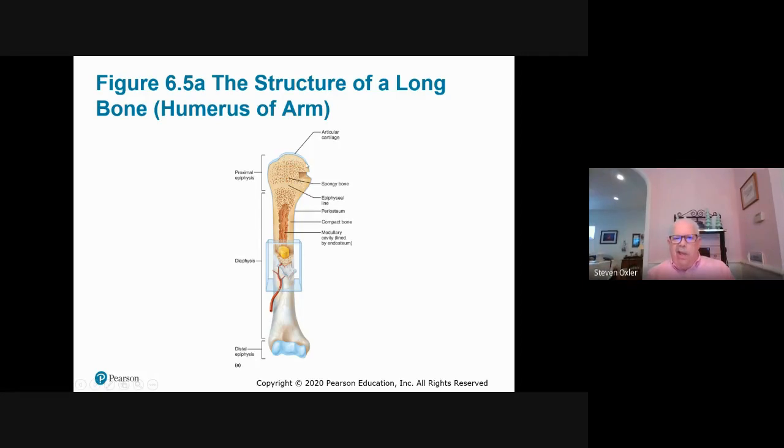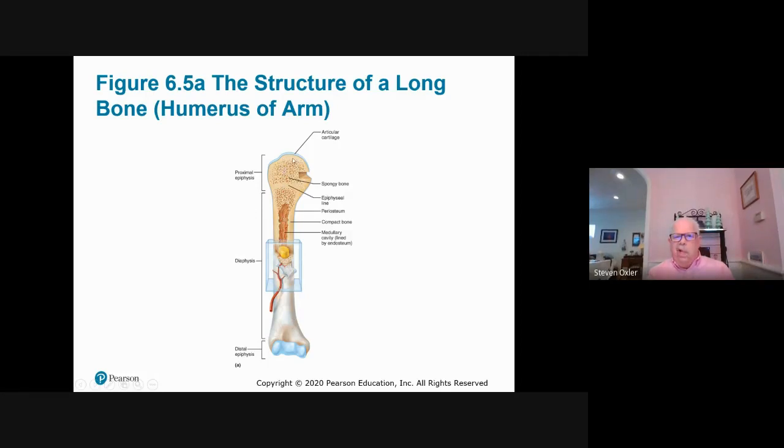Here, this happens to be the humerus, which is the upper arm bone. Here is the proximal epiphysis, which attaches to the shoulder. Here is the distal epiphysis, which attaches to the elbow. And here is the diaphysis, which is the shaft of the bone. Very important words.